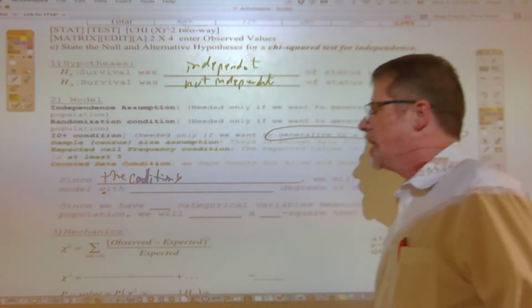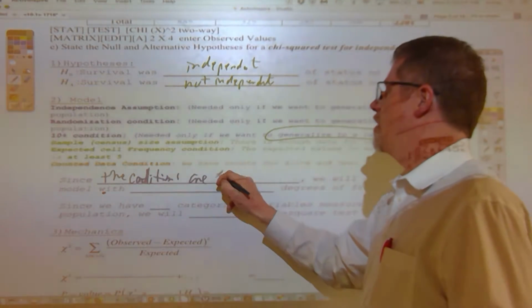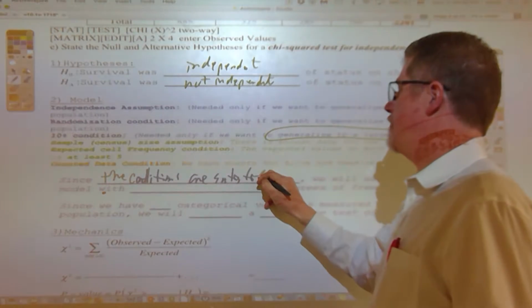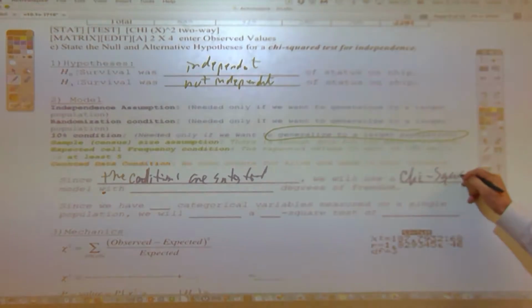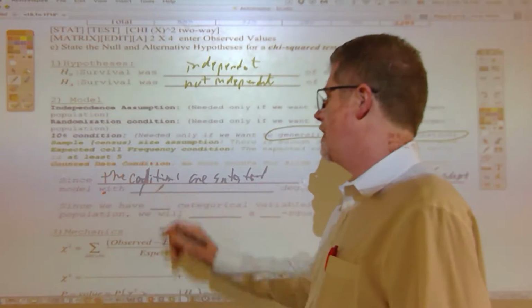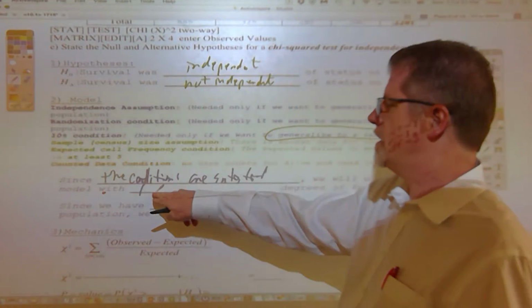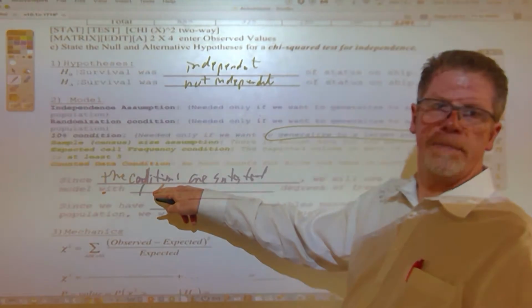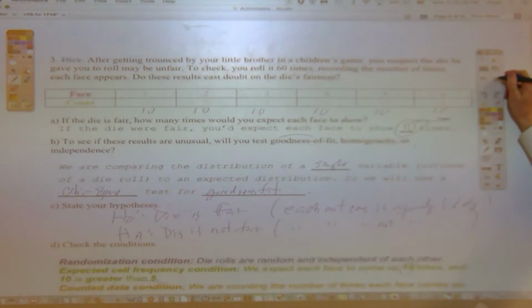So, since the conditions are satisfied, we will use a chi-square model with, and we show our work, although this kind of looks familiar. We did fill in this part, didn't we? Yeah, because I must have fast forwarded to the last page of the handout, which has these filled in.